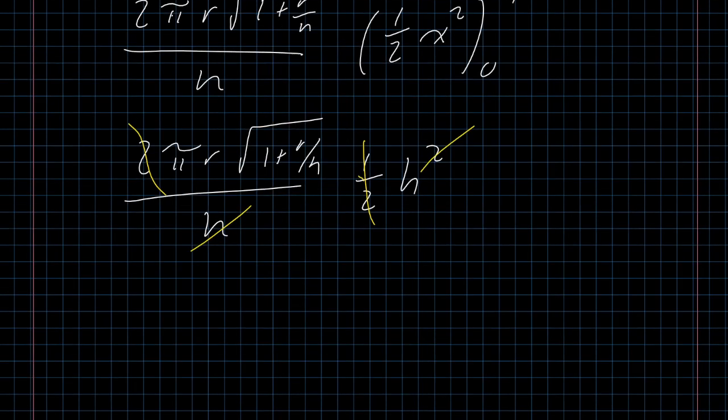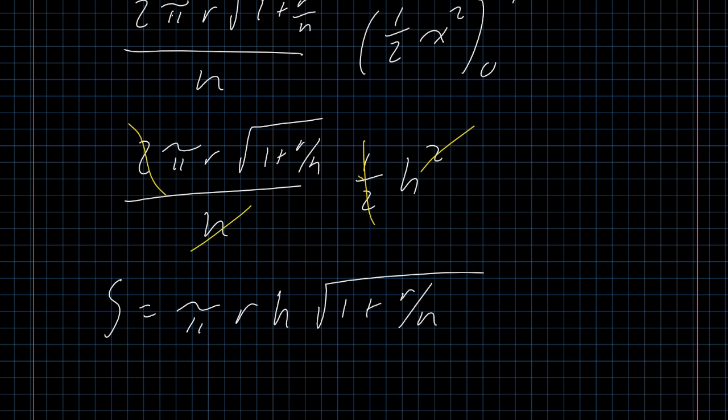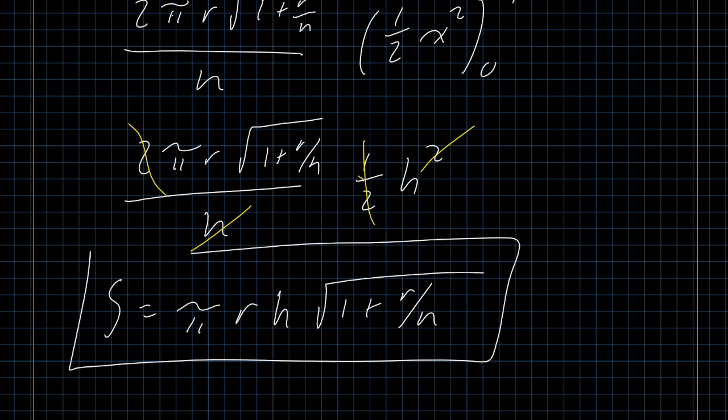And we end up with pi times r times h times the square root of 1 plus (r over h) squared. And that's usually how I see the formula, although every now and then I will see people try to rearrange this and make it look nicer in some way or another. But something in that general idea is what we're looking at.